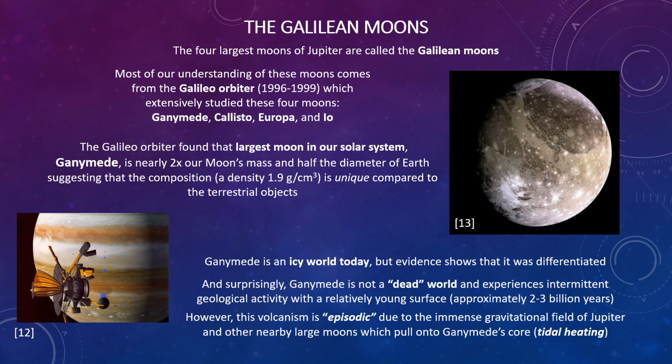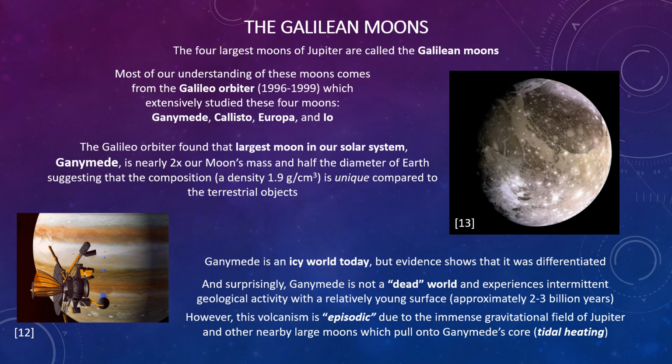So, Galileo found that the largest moon in our solar system, Ganymede, is nearly twice the mass of our own moon and half the diameter of Earth, suggesting it has a composition and a density that is unique compared to other terrestrial objects, with a density of 1.9 grams per cubic centimeter. Ganymede is an icy world today, but it has evidence that shows it is differentiated.